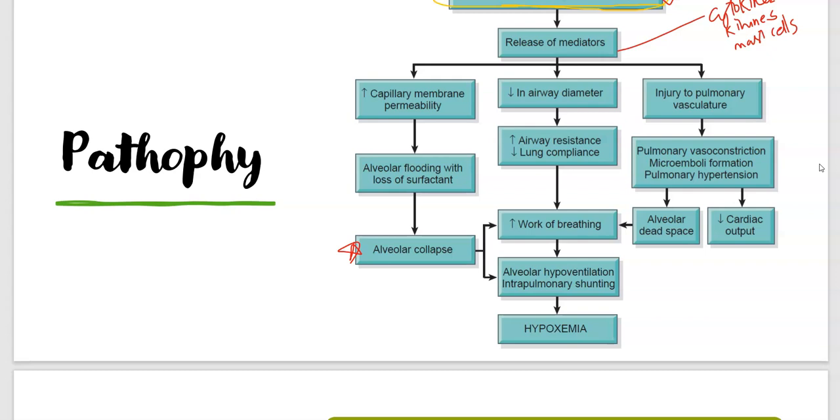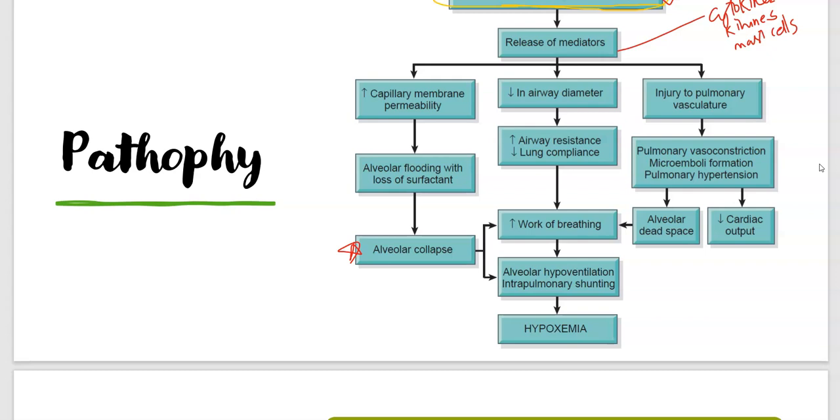Which causes you to have increased airway resistance. Kasi there is so much need for your oxygen. There's so much need for gas exchange, but it's not going to happen. Because why? Your bronchial airways, the diameter are actually very, very constricted.